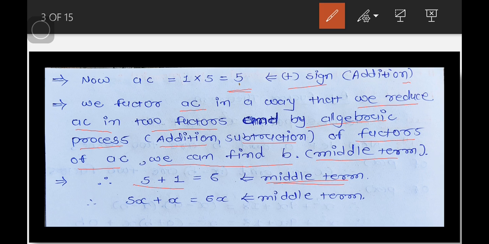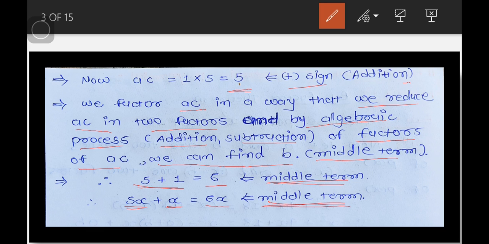So we do addition of 5 and 1, and we get 5 plus 1 is equal to 6, which is the coefficient of the middle term. Now we put x behind both the values, then 5x plus x is equal to 6x. Now you can see that we split 6x as 5x and x. So we split the middle term.